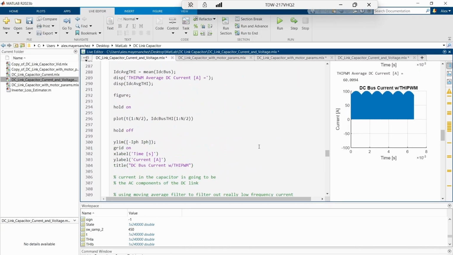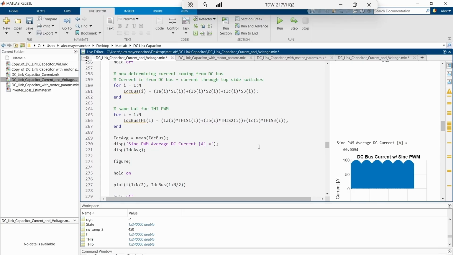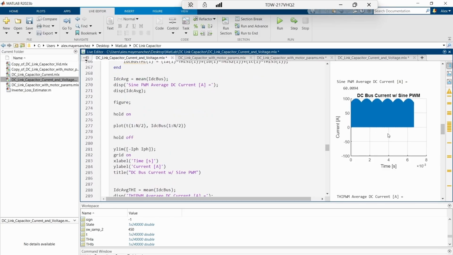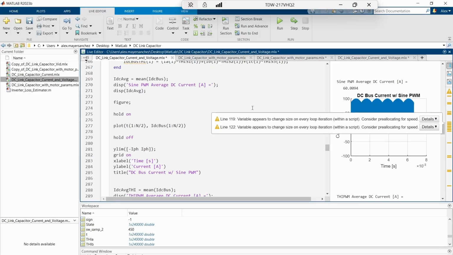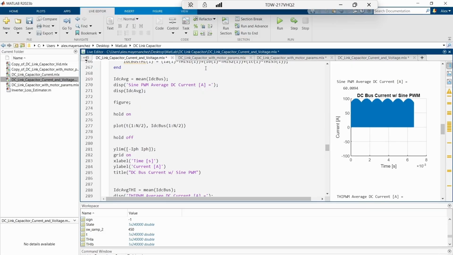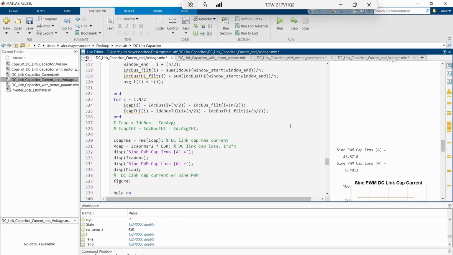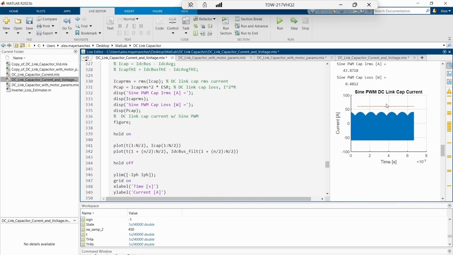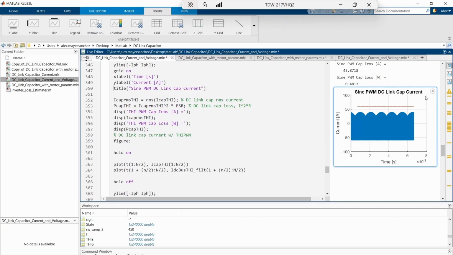And like I said, remember with a power factor of 1, the DC bus current is always a positive value. So for the AC component going through the capacitor, we're going to take the total current here and subtract out the average. So then we get this, and in the orange we can see the average current in the DC link.